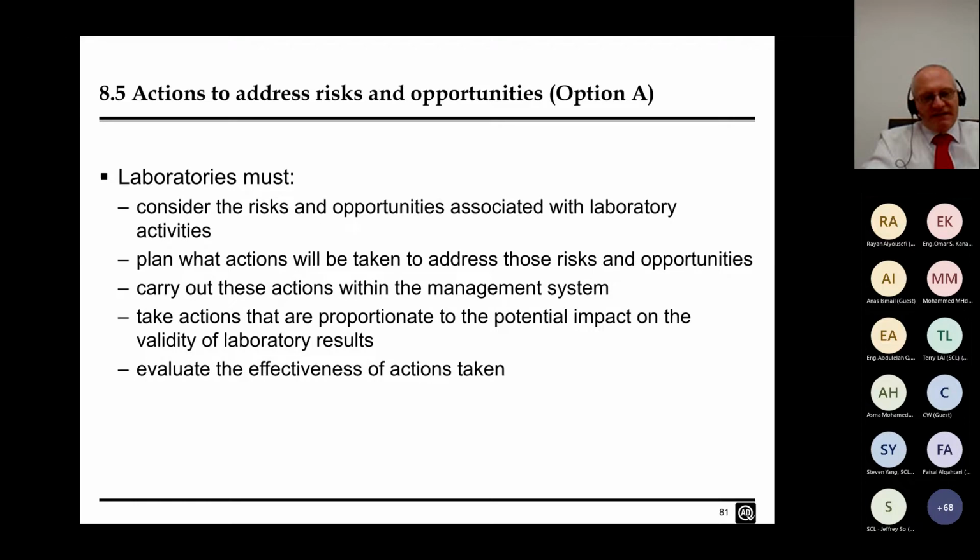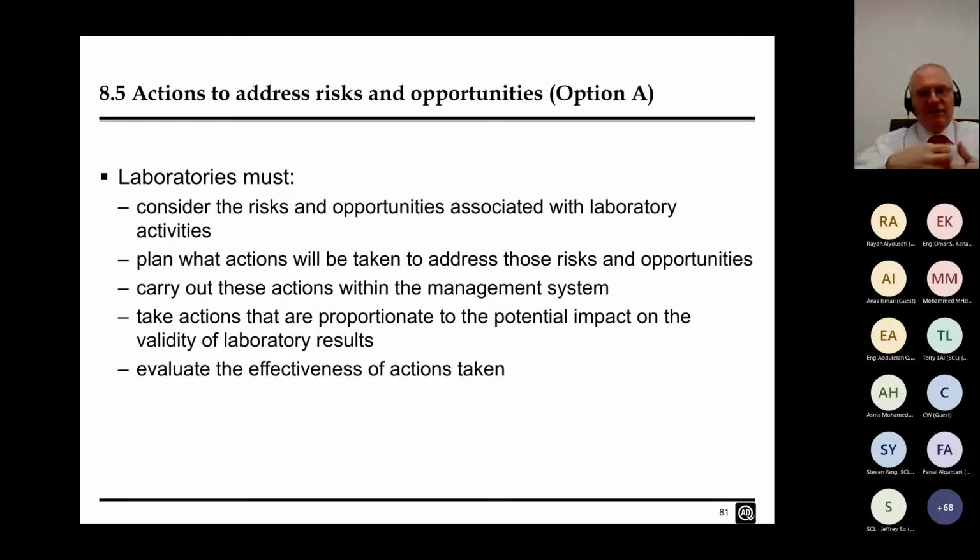So we have to look at the risks and opportunities associated with laboratory activities, risks for quality, risks for business, health and safety, which may be managed separately from this, and impartiality. We have to plan what actions will be taken to address those risks. And then we carry out the action within the management system. This should be integral to how we do our business.